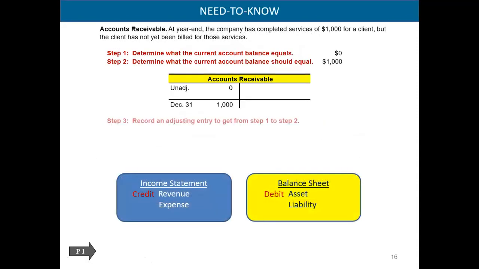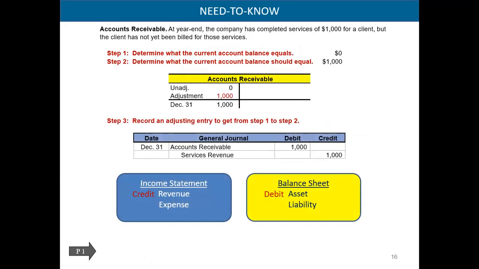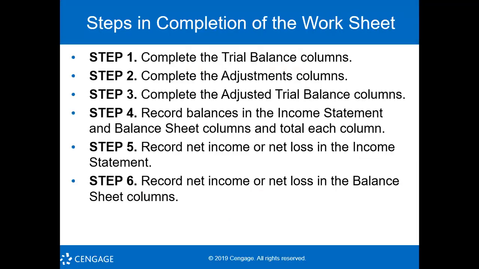This one says at year end, the company has completed services of $1,000 for a client, but the client has not yet been billed for those services. So again, debiting accounts receivable, crediting revenue. We've done several like that together already, so hopefully that is no surprise to you.